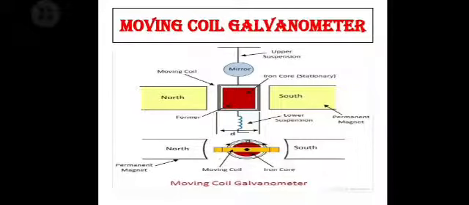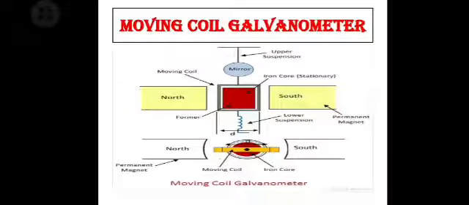Now, what is the structure of this moving coil galvanometer? A moving coil galvanometer consists of several turns of a coil which is mounted in such a way that it can rotate freely in the radial magnetic field.